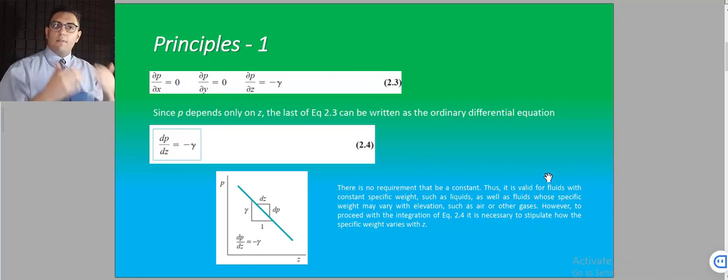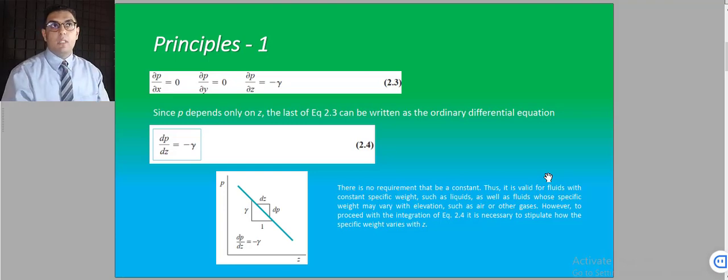How can we identify the fluids which have a constant specific weight? The answer is that for liquids, we already have a normal and constant specific weight. They might vary due to elevation, but the variation is negligible.